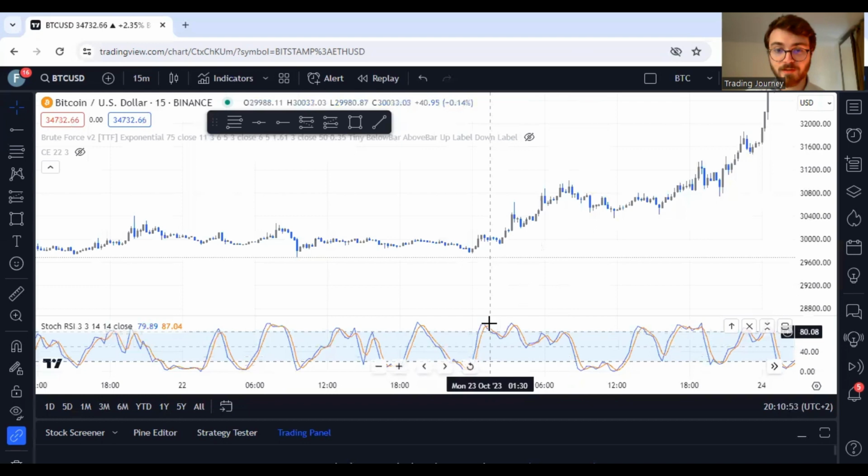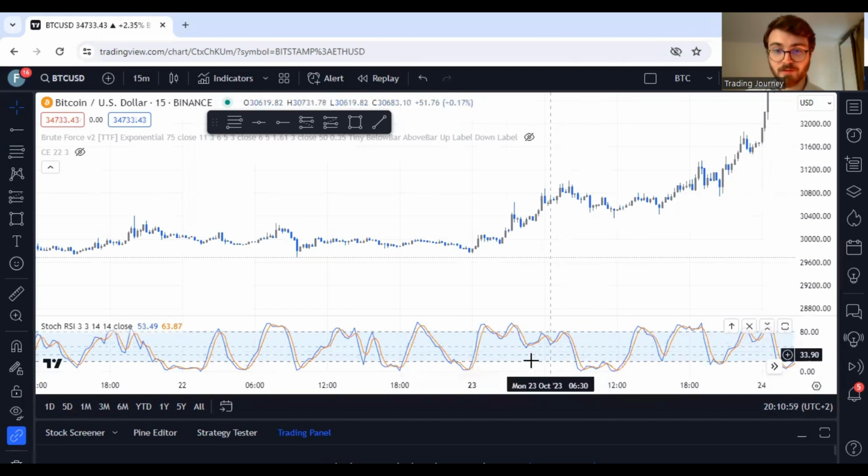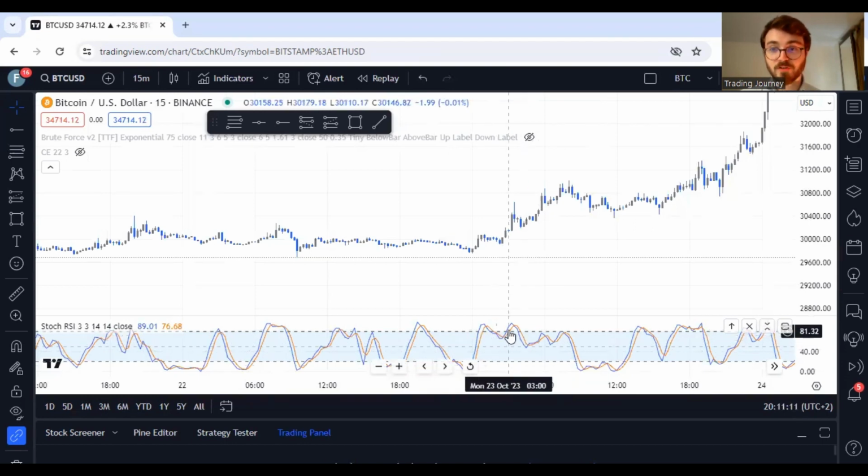The first one is this zone that's here above 80 mark, and that's the overbought. We have then the oversold area at the other side. Everything in the middle is called the neutral zone, so it just means that the market is pretty much doing efficient things. And whenever it reaches the extreme zones on the bottom or on the top, it means that the market is probably in a bit of an excess.